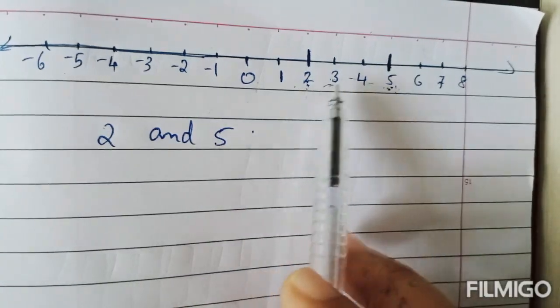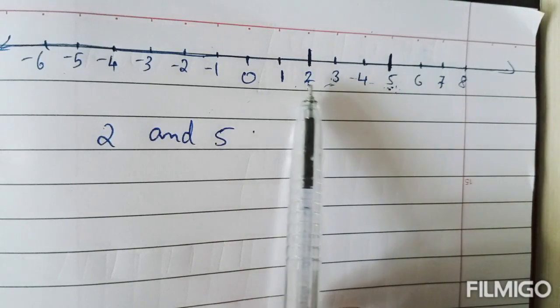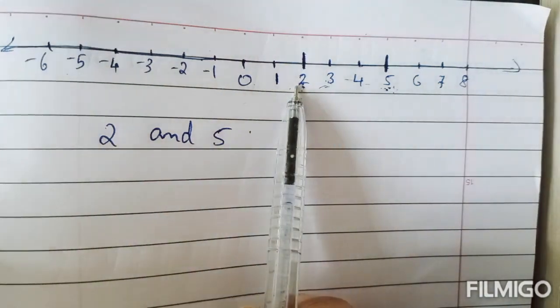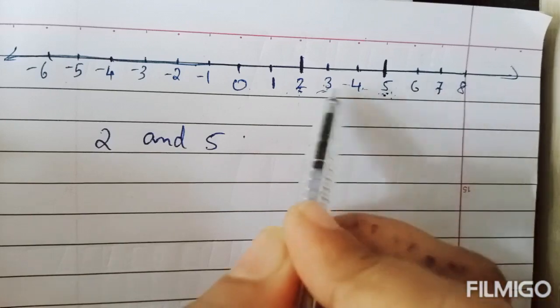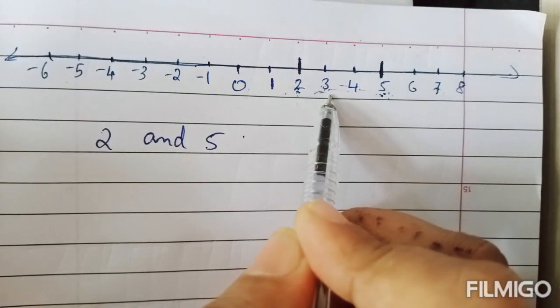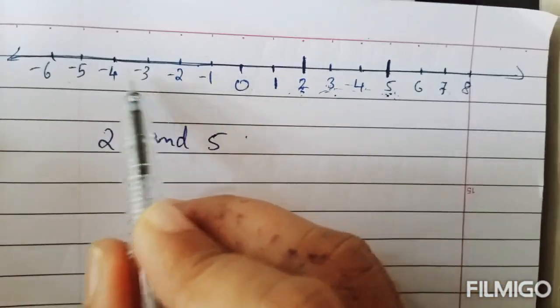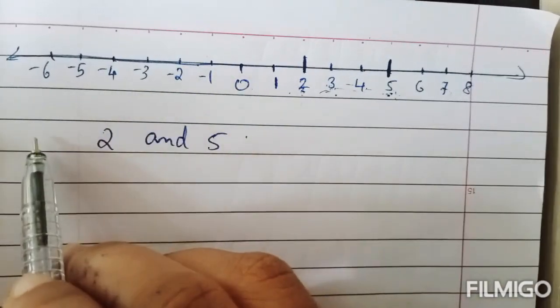You can see in this number line, this number 5 lies on the right of 2. Here this is number 2, 3, 4, 5, 6, 7, 8. These numbers lie on the right side of 2. And 1, 0, minus 1, minus 2, minus 3, minus 4, etc. These numbers lie on the left side of 2.